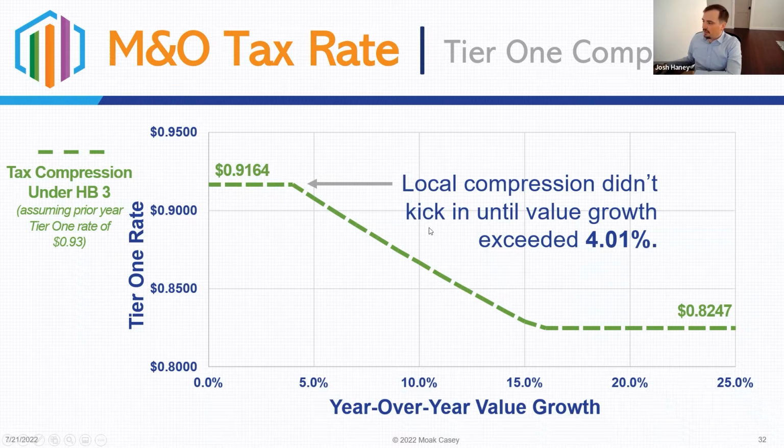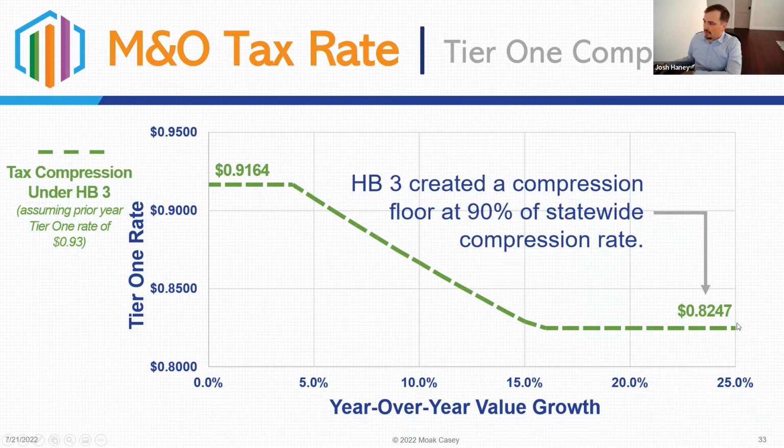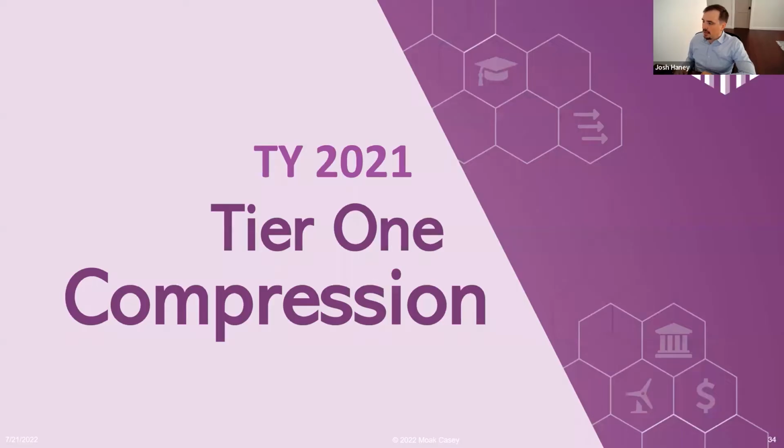And then you can see, as I mentioned earlier, at 90%, it sort of bottomed out here. 90% of 91.64 is this 82.47. And so maybe around 16% growth, if you were at 16% growth year over year or higher, you still got the same tier 1 rate. 16% got 82.47, 30% got 82.47. Anything north of that threshold, you would have got the same tier 1 compressed rate. So that was tax year 20.